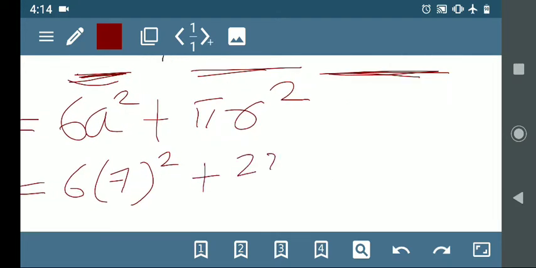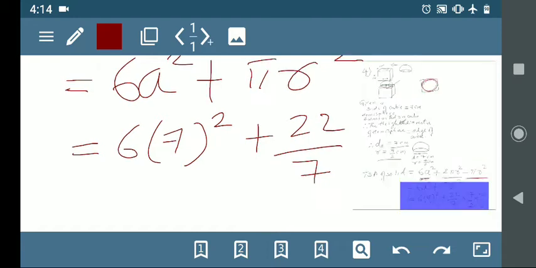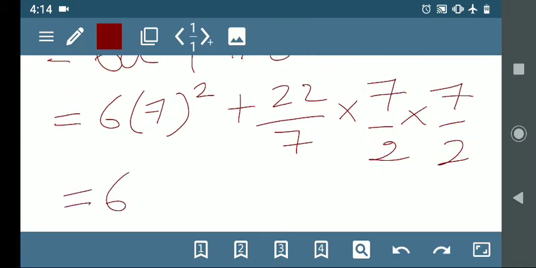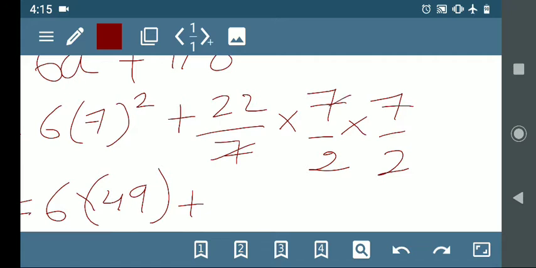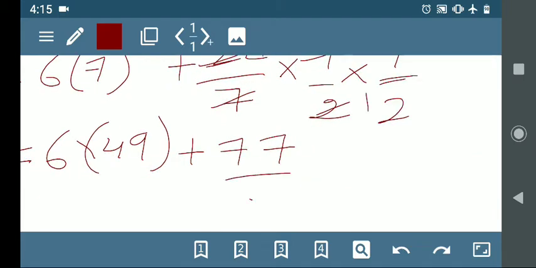Plus 22 by 7, then what is the radius? 7 by 2 into 7 by 2, which is equals to 6 of 7 square is 49 plus 7, 7 ones are cancel, 2 ones are 2, 11s are, right? Then we have 11 into 7, 77 divided by 2.